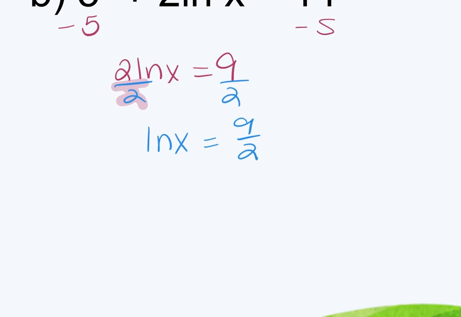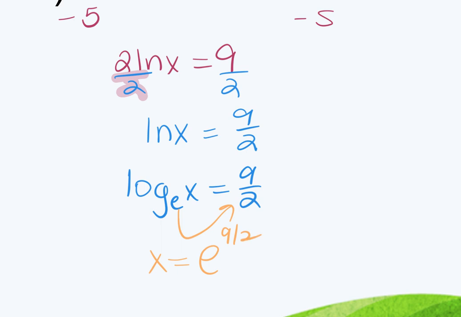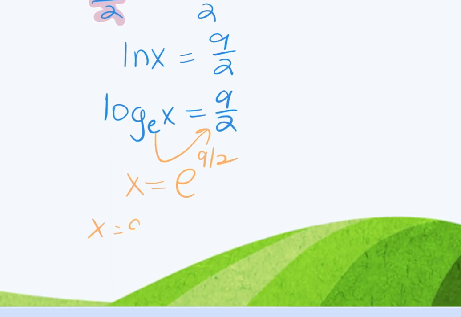I can change ln to be what? Log base e of x equals 9/2. And then convert to exponential. X is going to equal e to the 9/2. Which is 90.017.